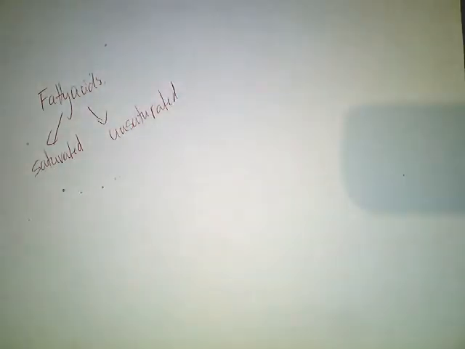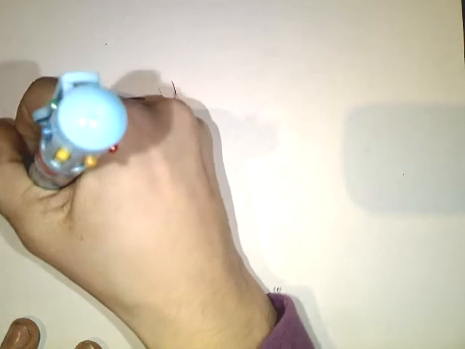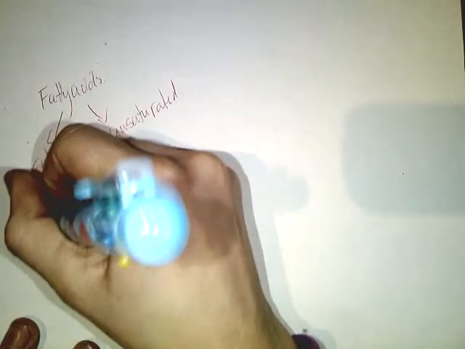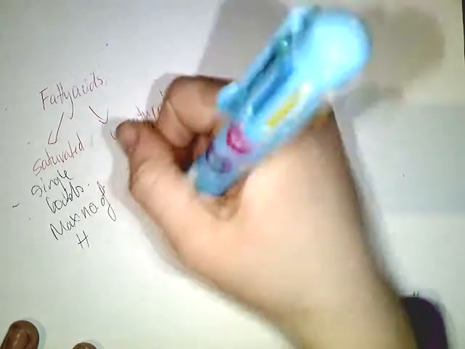Now what this means is that they can have only single bonds. That means the max number of H. Or they can have at least one double bond, meaning that it's not the maximum number of H's.